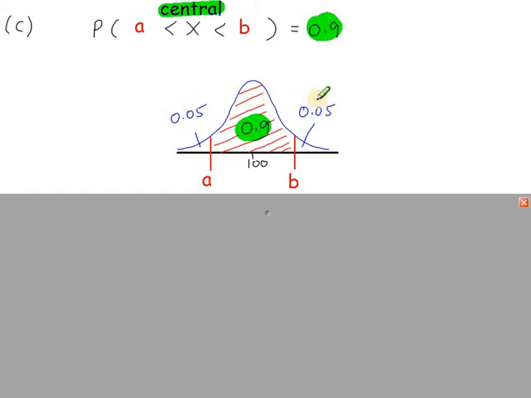So these values are both 5% or 0.05, and we're looking for A and B. So the cumulative probability up to this line, so everything up to here, is 0.05. The cumulative probability up to this line is 0.95. It's not 0.9, it's cumulative probability we're looking for. Everything to the left of this line here. So the sum of these two, 0.95.